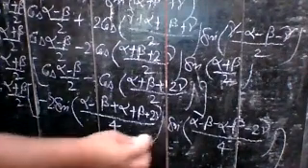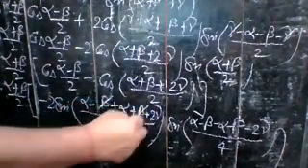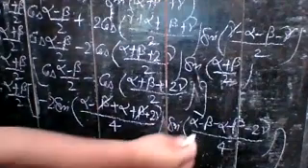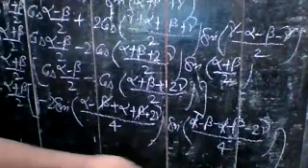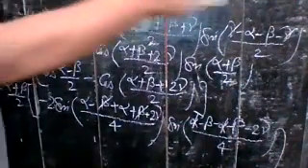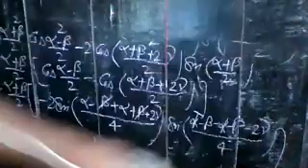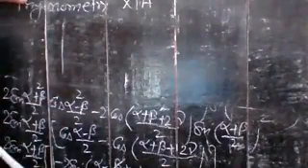So write its next step. Here you see some terms cancel out. Beta and beta cancel here, and here alpha cancels out. So write its remaining terms. What is left here?